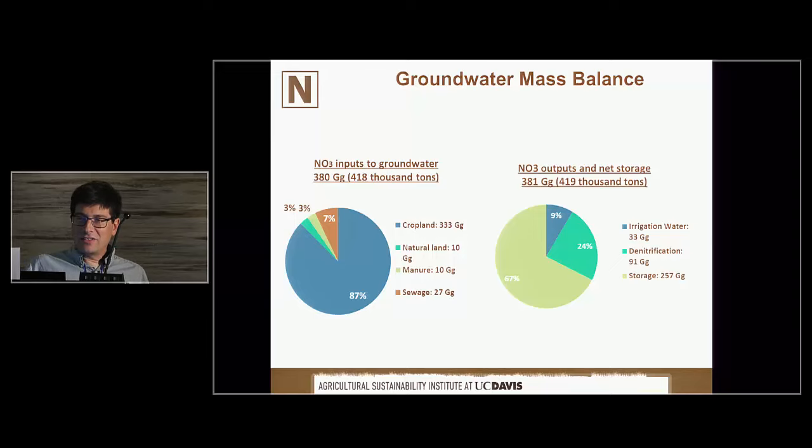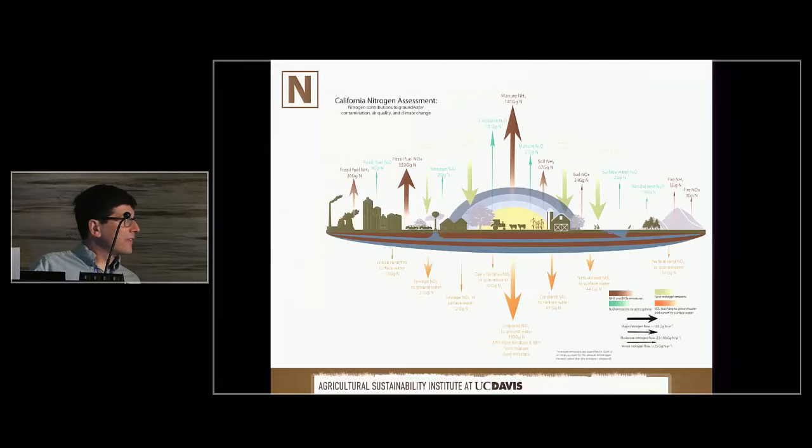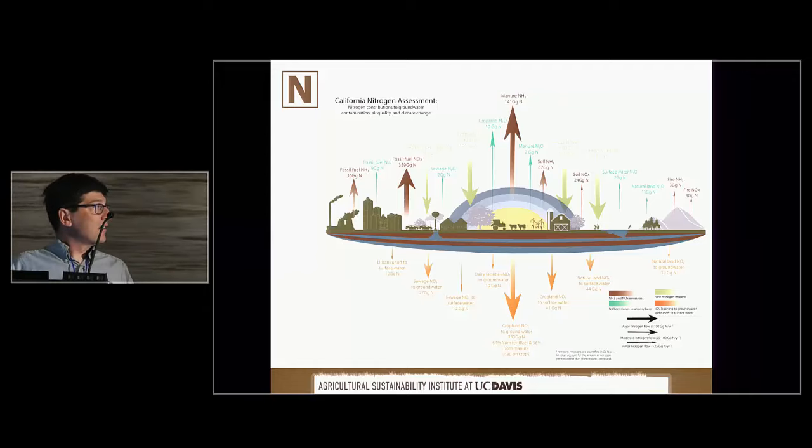And so I'll just touch on a few of the other aspects of this. This cartoon shows the fates of these flows of nitrogen in a slightly different way. The colors represent the form of nitrogen.